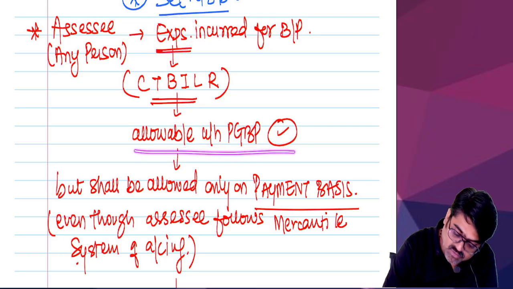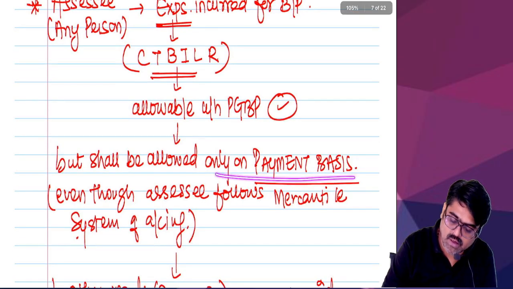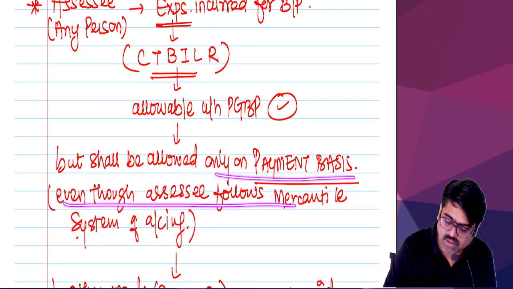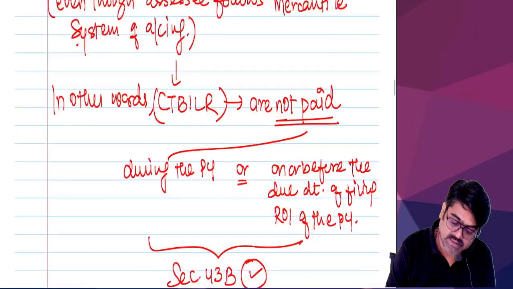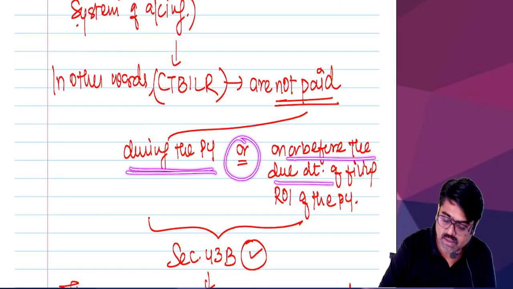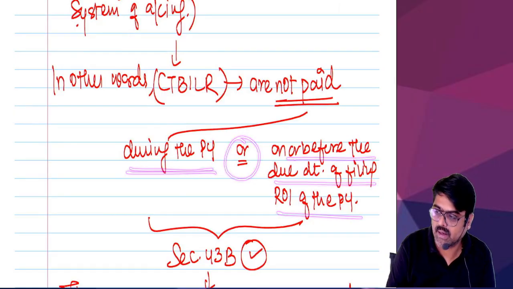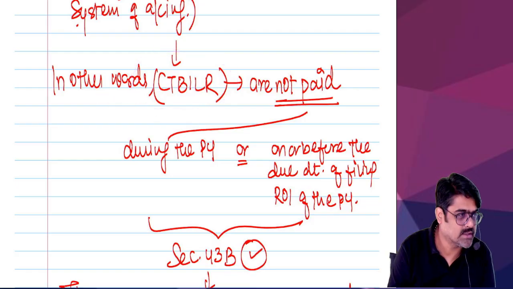You can claim those business expenses as a deduction under PGBP, but they will be allowed only on payment basis, even though the assessee follows mercantile system of accounting. This means that they are supposed to be paid during the previous year, or on or before the due date of filing the ROI. Then only these expenses will be allowed as a deduction.